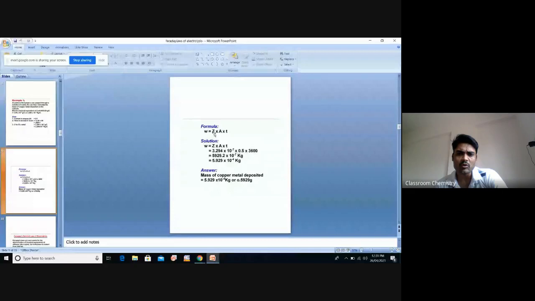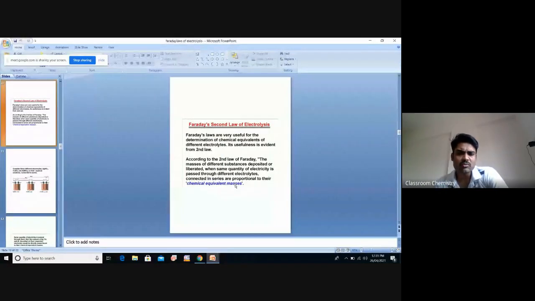You keep in mind only one formula, either M or W: W is equal to ZIT or M is equal to ZIT. Here they give the current in amperes, and hence the final answer comes to be 5.929 into 10 raised to minus 4 kilogram. You can solve at home.